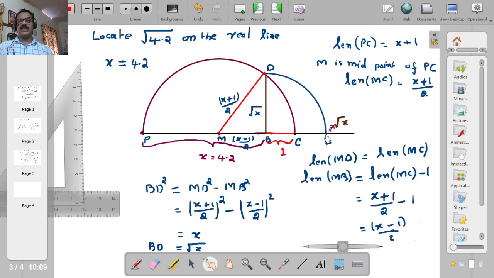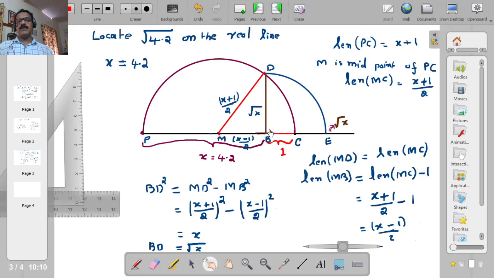Call the point where it meets the number line, or the extension of PC, as the point E. Now we have drawn a circle like this, and this circle will meet the extension of the line segment PC at point E. Then this point E will be at square root of x from the point B, because BD and BE are radius of the same circle.